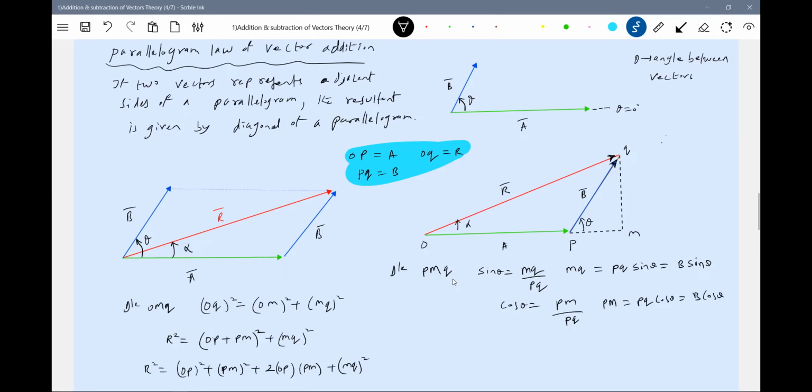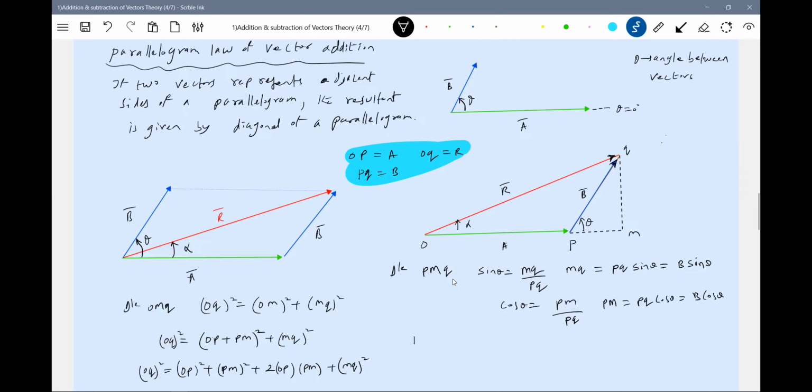Let's bring all the things. Let me substitute in the end all, so that it'll be easy for you. Do notice here, OQ square. Let's substitute all the things in this equation.